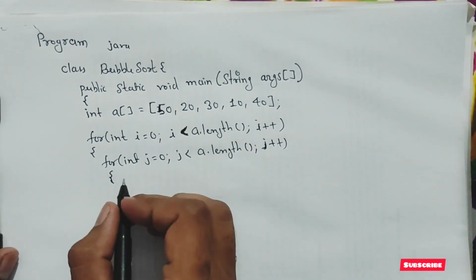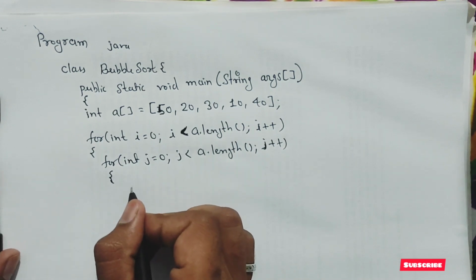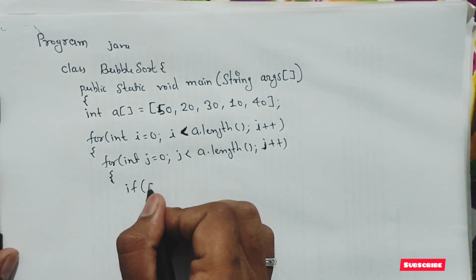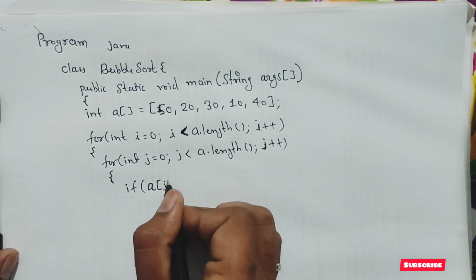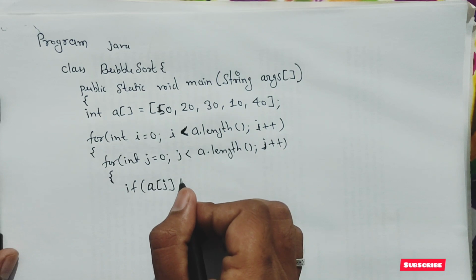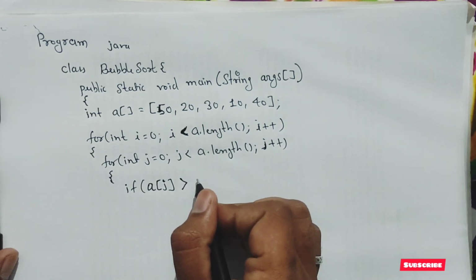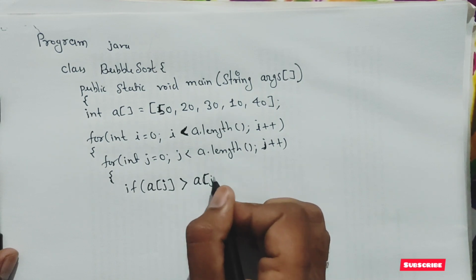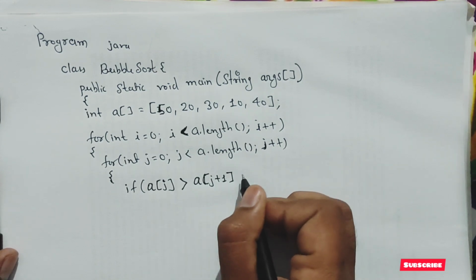Now the exact logic: when will we swap? Our iteration has now started. Swapping will be done if a[j], the left-hand side element, is greater than a[j+1]. Suppose this is the case.